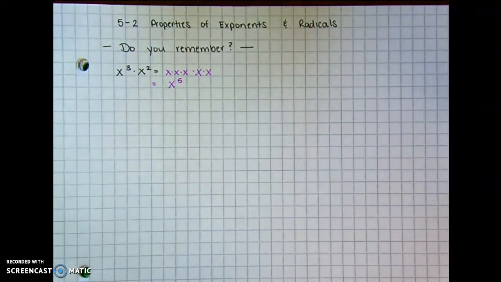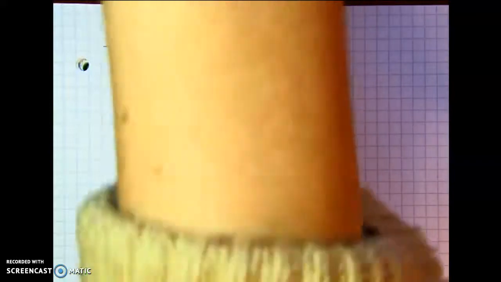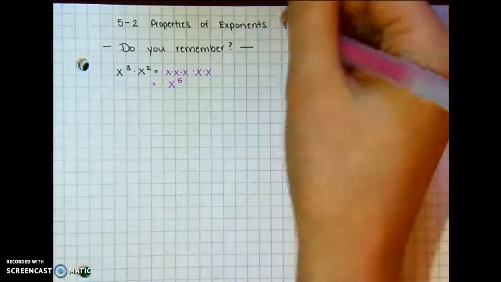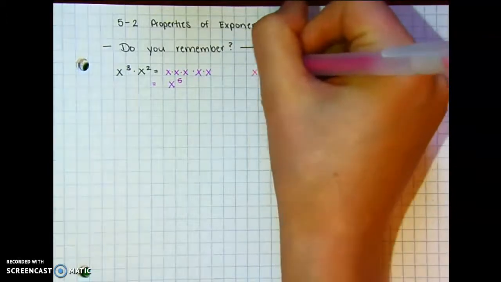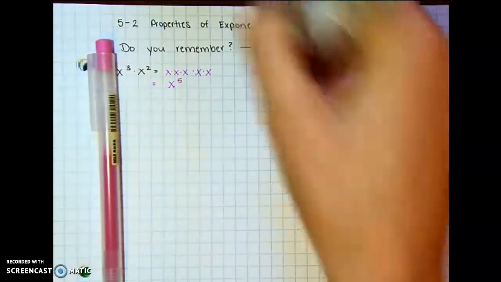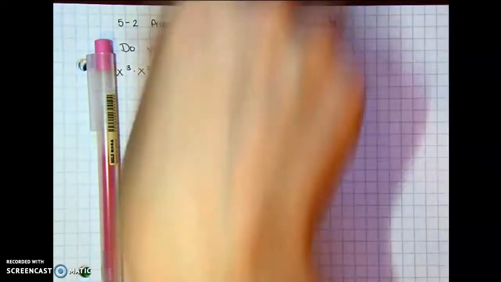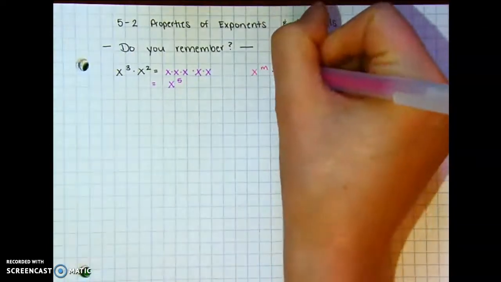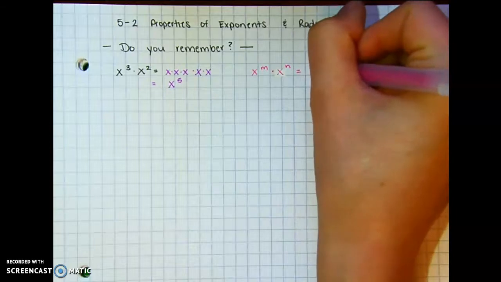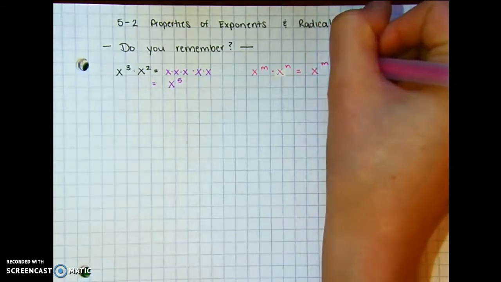So what the rule is, if you have x to the m times x to the n, if the bases are the same, that is the same as x to the m plus n.